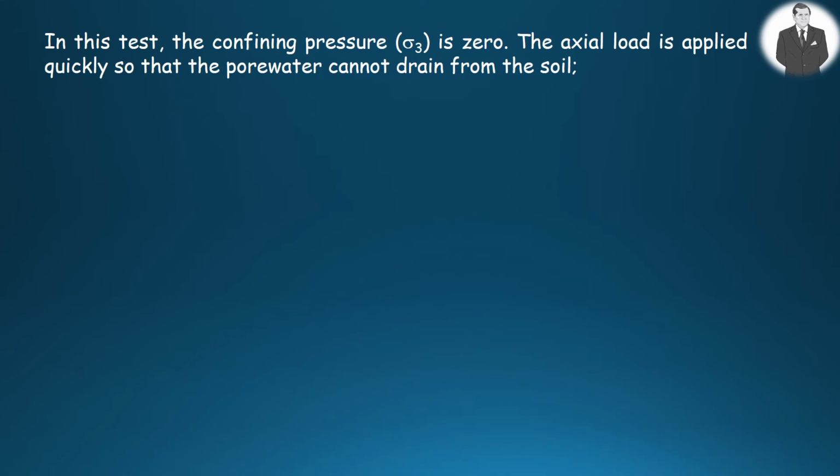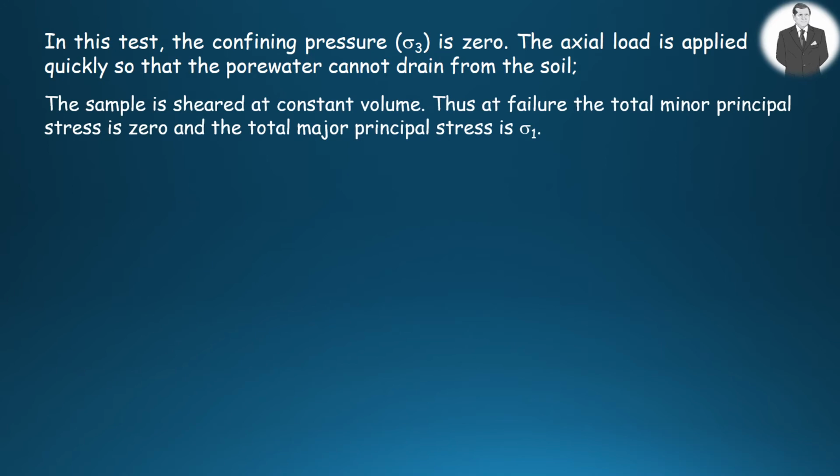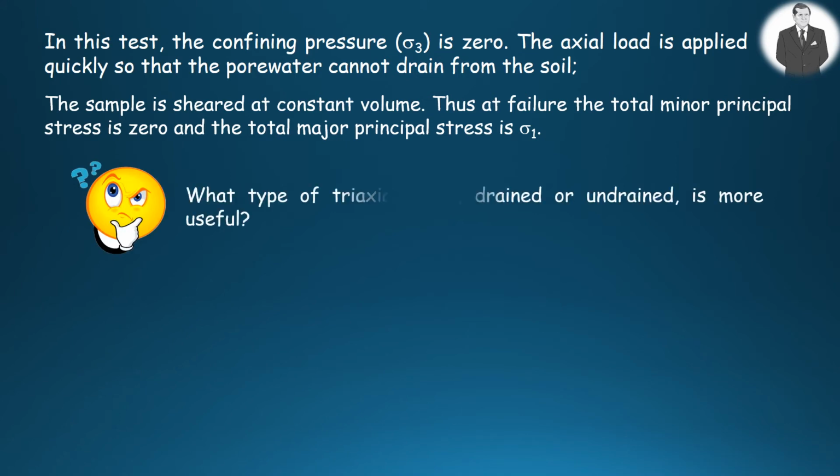The axial load is then applied quickly so that the pore water cannot drain from the soil. The sample is sheared at constant volume, so at failure the total minor principal stress is 0 and the total major principal stress is sigma sub 1.